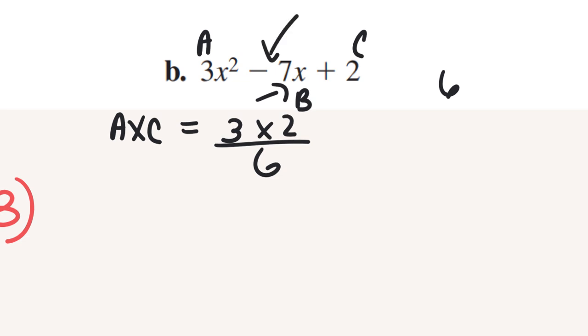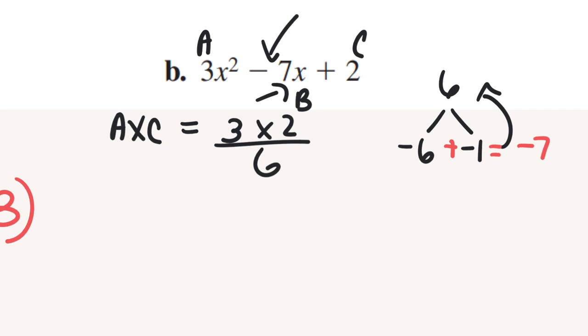And I know B is negative, so we're going to have two negatives. Negative 6 times negative 1 gives me positive 6, and when these are added together they give me negative 7. And that is what B is, correct?